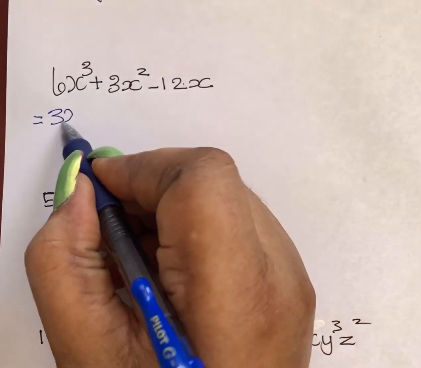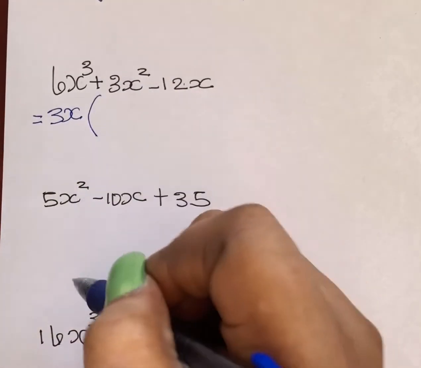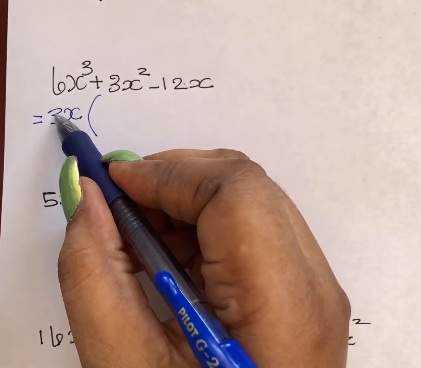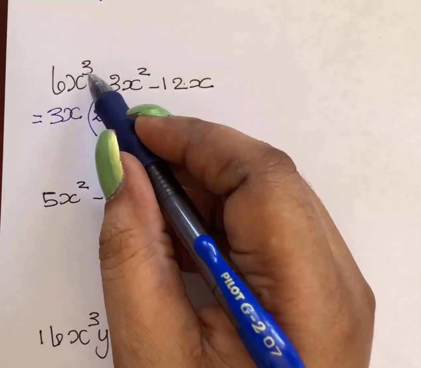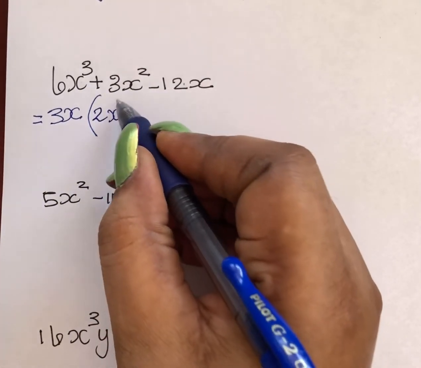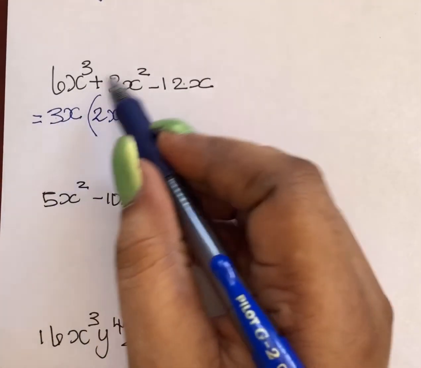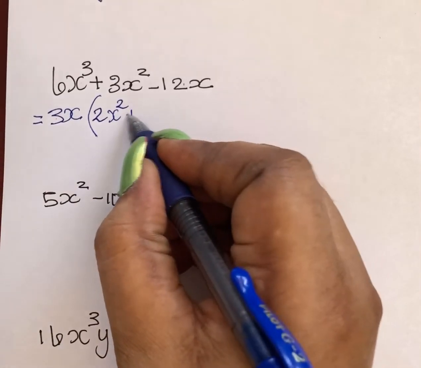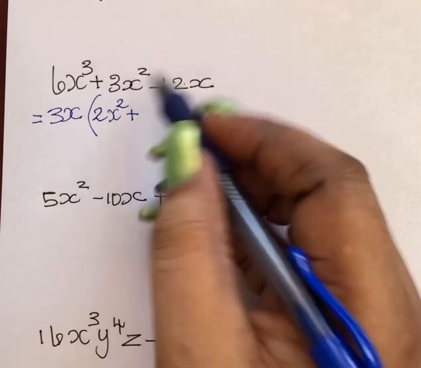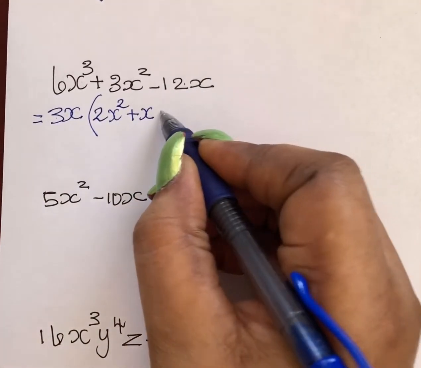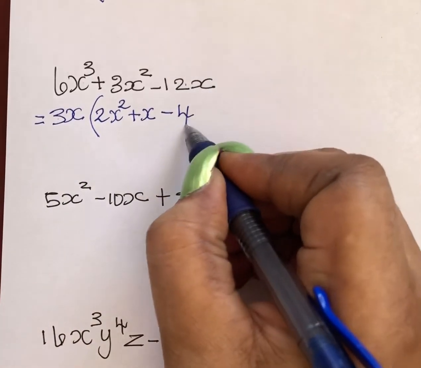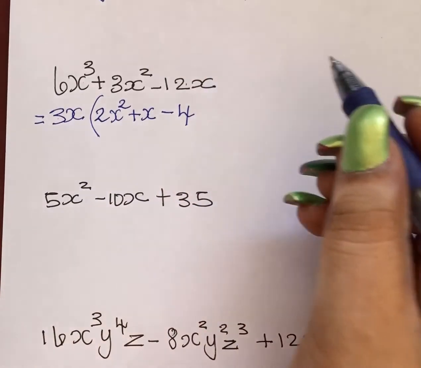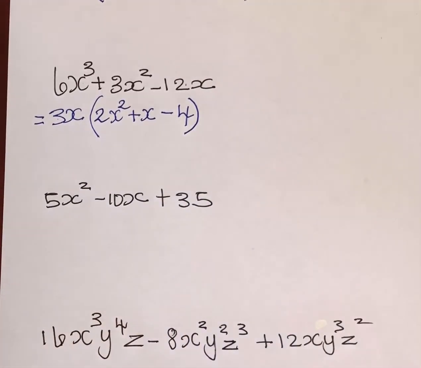I told you we use the lowest of them all. 3 into 6 is 2. X into x cubed will leave me with x squared. 3 into itself is 1. We do not write the 1. X into x squared is x. 3 goes into 12 exactly 4 times. X into x is 1, so we do not write a 1.